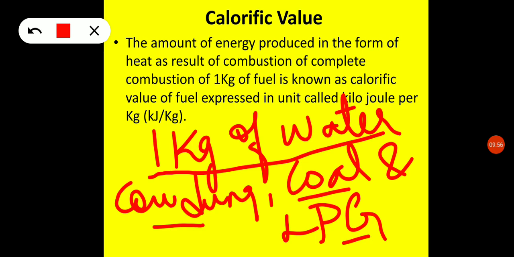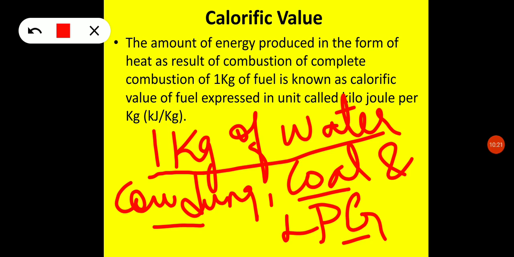So then what is this calorific value? Calorific value means the amount of energy produced in the form of heat as a result of complete combustion of 1 kg of fuel is known as calorific value.